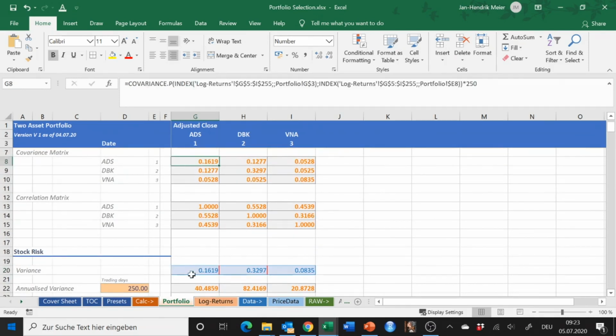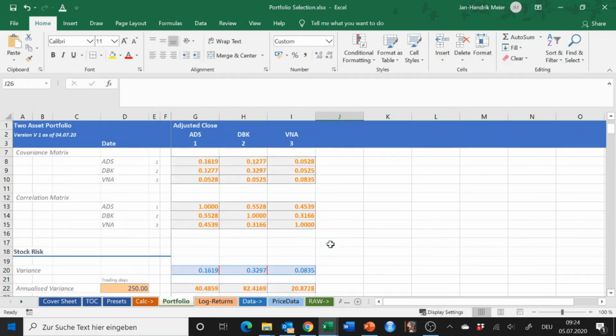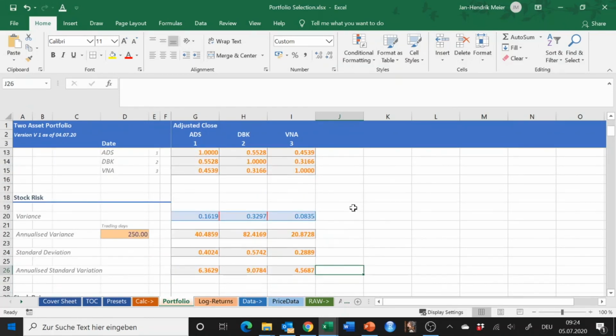Here we see 0.16, here we see 0.32, and here we see 0.08. Then we can annualize the variance by just multiplying by 250. So here we have the annualized variance. We can calculate the standard deviation, and we can annualize the standard deviation. But stock risk is not that important for our portfolio view because we have the covariance matrix and all the information is in there.